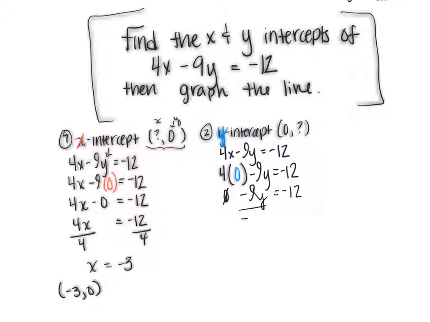I need to divide by -9 to both sides. And a negative divided by a negative is a positive. So I'm going to get something like 12/9. I need to simplify that though. So 12/9 simplifies to 1 and 1/3. So that's 0, positive 1 and 1/3.